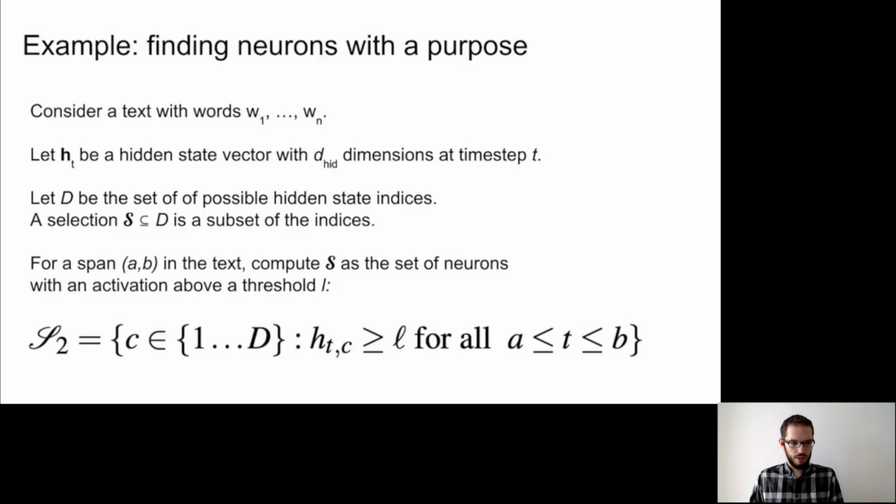Putting all of those parts together, we can define our selection as the set of all the cells from 1 through D that have the corresponding hidden state value above L, and we filter those for all of the words in the span A through B.